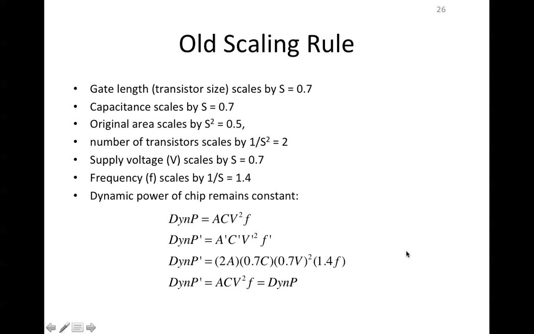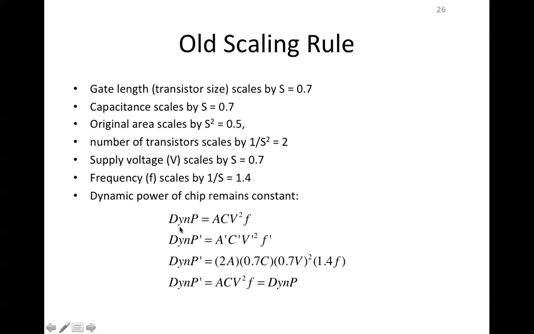And the supply voltage, let's say, because the threshold voltage can be reduced, the supply voltage can also scale down by a factor of 0.7. And the frequency, let's say it can scale by 1 divided by the ratio, which is 1.4. And if we look at the dynamic power consumption in a new process generation, we'll see the following.